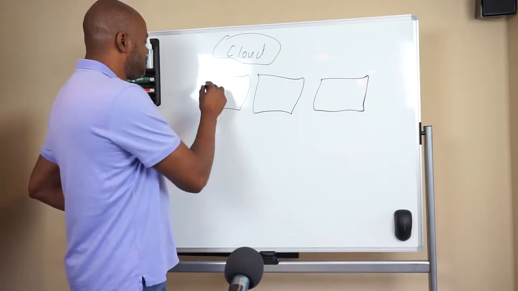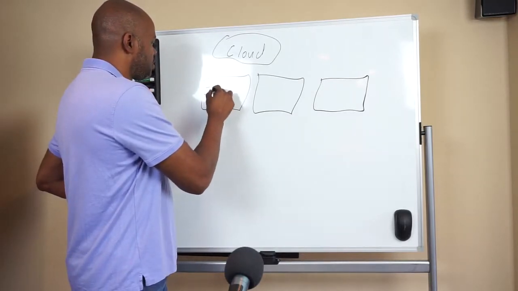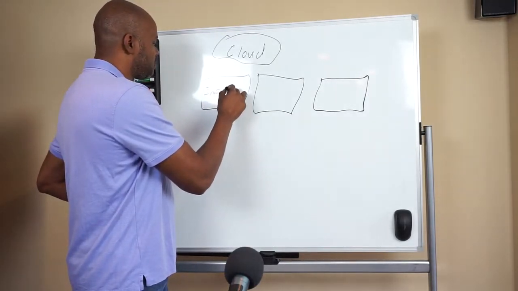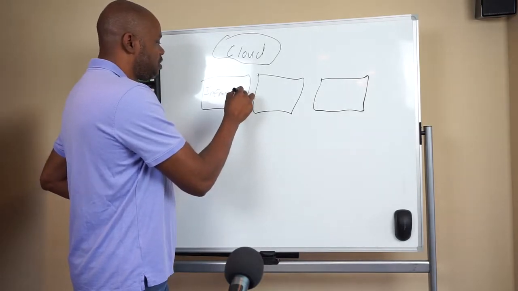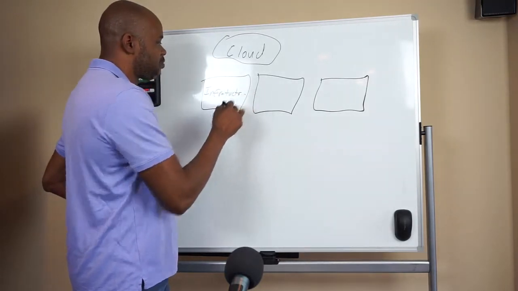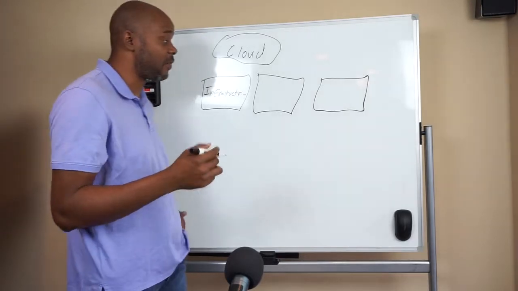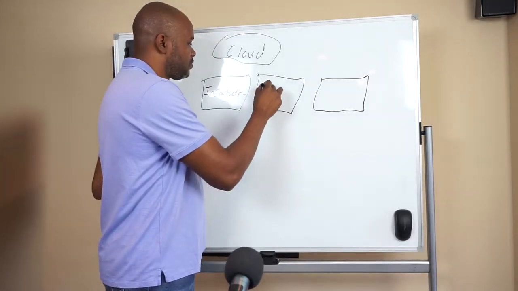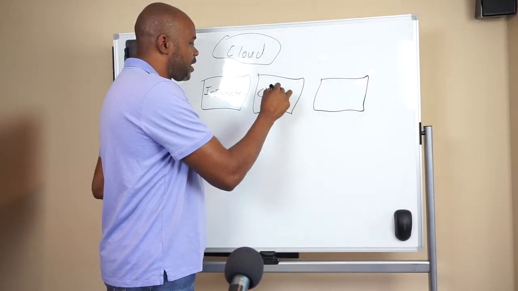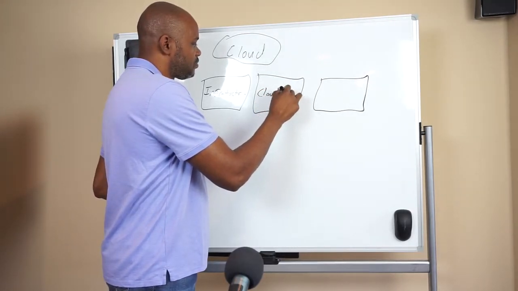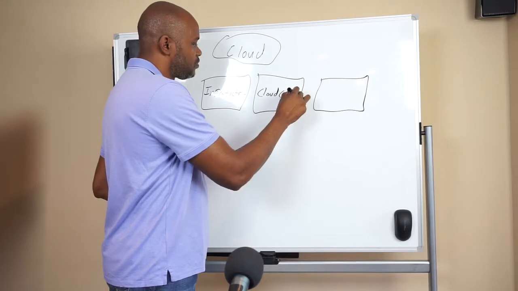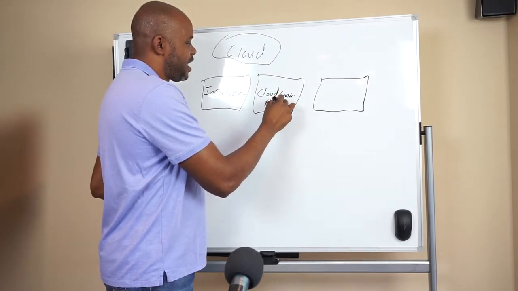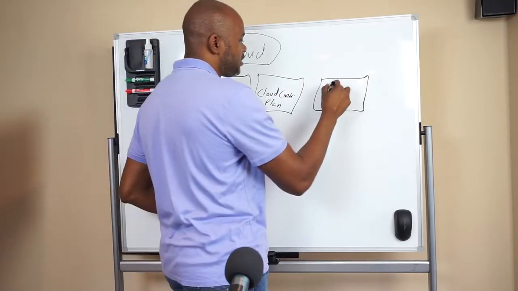We have the base infrastructure. So this is the storage, compute, networking, etc. Then we have the cloud plane, or the control plane. And then we have the processes.